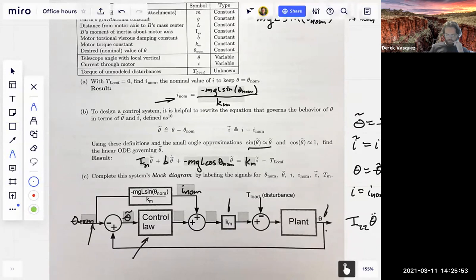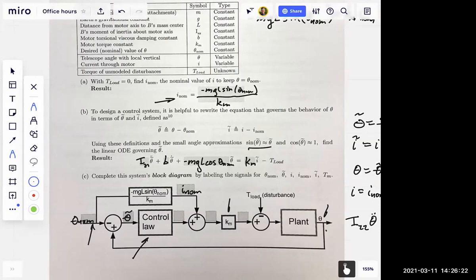So what do you think would come out of that control law? Any ideas at all? Doesn't have to be right.